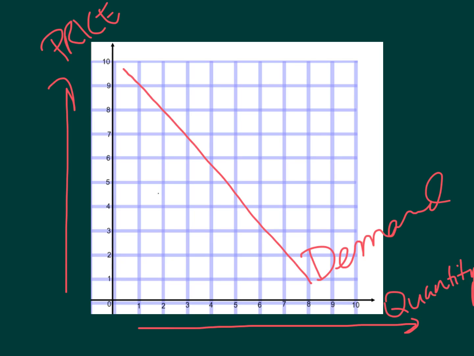What it means is that when the price is high, it is associated with a quantity that is relatively small. And as prices fall to something relatively low, it'll be associated with a quantity that is high. So when prices are high, quantity is low. When price is low, quantity is high. So they're moving in opposite directions.